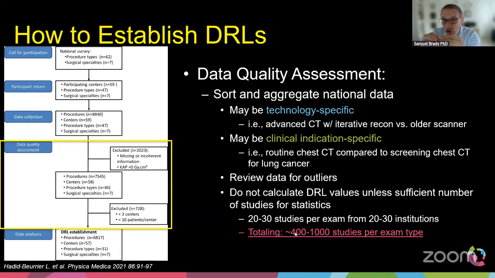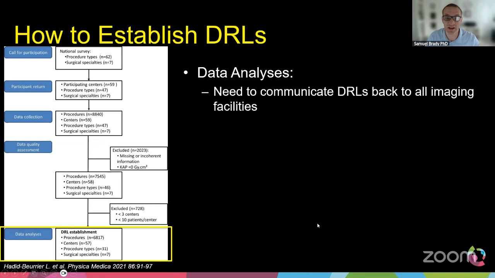So your 20 to 30 may feel like a small amount, but when we get a lot of that data from a lot of different sources, it adds up quickly. And so once we get about 400 to 1,000 procedures per exam type, then we can calculate the DRL.